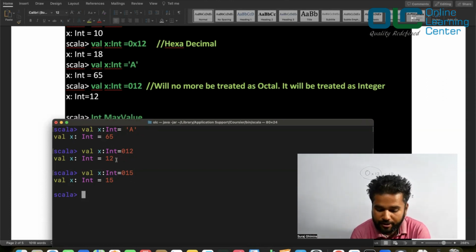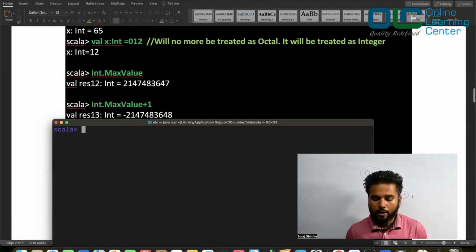It will just be treated as an integer. So when you say 015, it's giving you 15. If you go back to the older version of Scala, I don't remember the exact version, because I have been teaching Scala for the last 6-7 years, this is actually an octal number, but no more. Now Scala says if you write 012, I'll treat that as an integer itself.